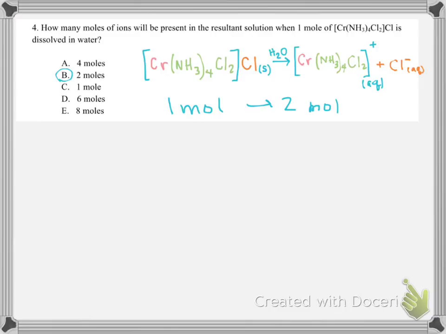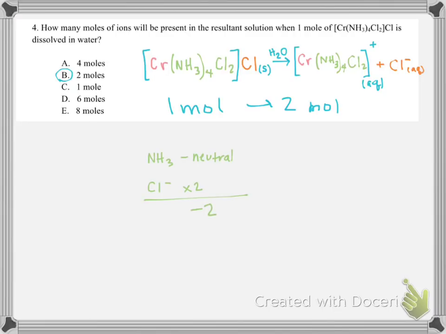If you wanted to figure out what the charge on the chromium is, then we'd have to pull off the ligands. And so we know that ammonia is neutral. And like we said before, chlorine has a -1, and we have 2 of these. So everything that's complexed to the metal is going to have an overall -2 charge.